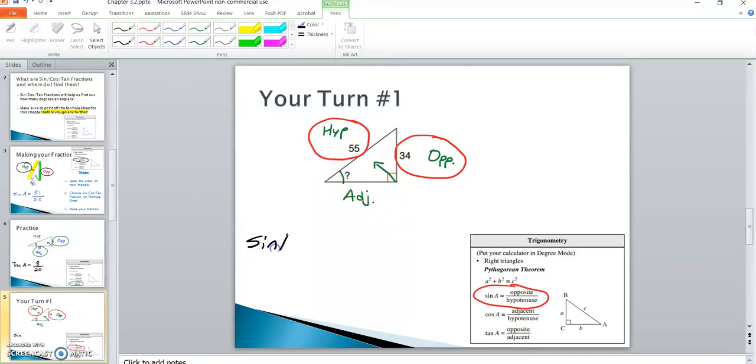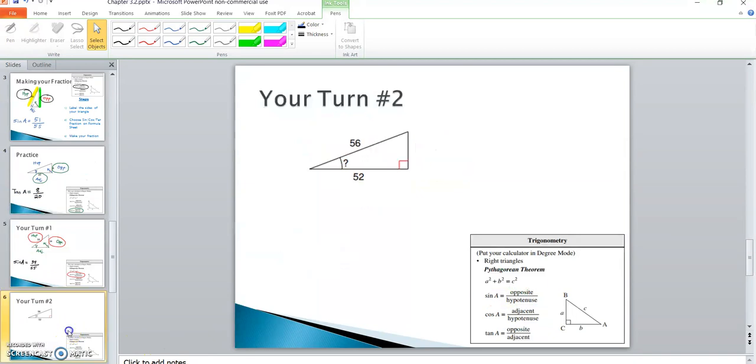I'll copy out my first part, sine A, and my opposite is 34, and my hypotenuse is 55. And we're done. Let's try another one.